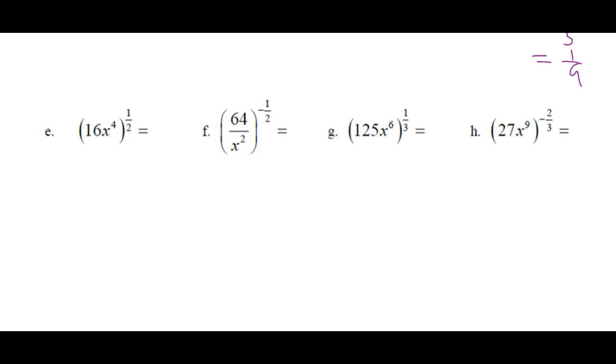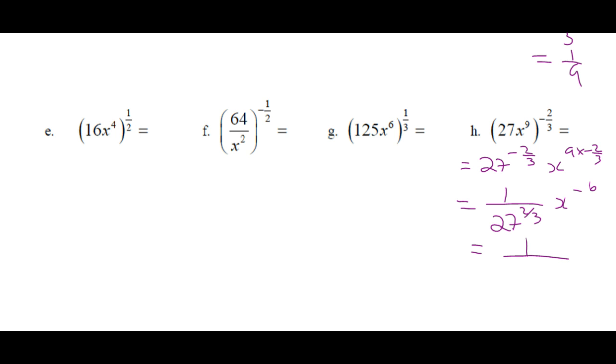Okay, and then the other rules. This is going to be by product of a power: 27 to the negative 2/3, x to the 9 times negative 2/3. So 1 over 27 to the 2/3, treating the numbers separately, and here 3 goes into 9, x to the negative 6. We already did the 27 to the 2/3, so it's 9, and then x to the 6th, because the negative 6 comes down below.